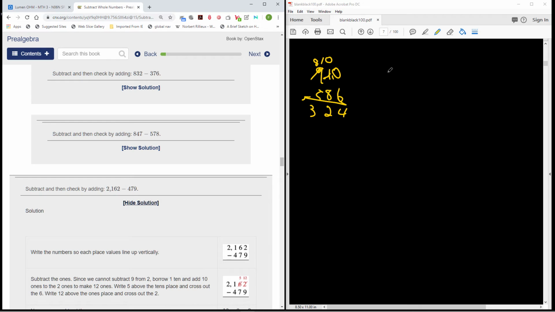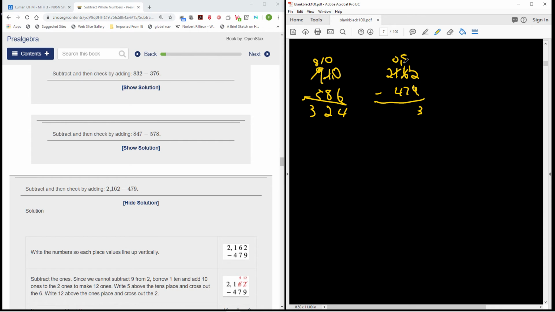So here we have 2,162 minus 479. Okay? So I can't take away 9 from 2, I just have to borrow 1. Makes this a 5. So 12 minus 9 is 3. I can't take away 7 from 5. Got to borrow 1.